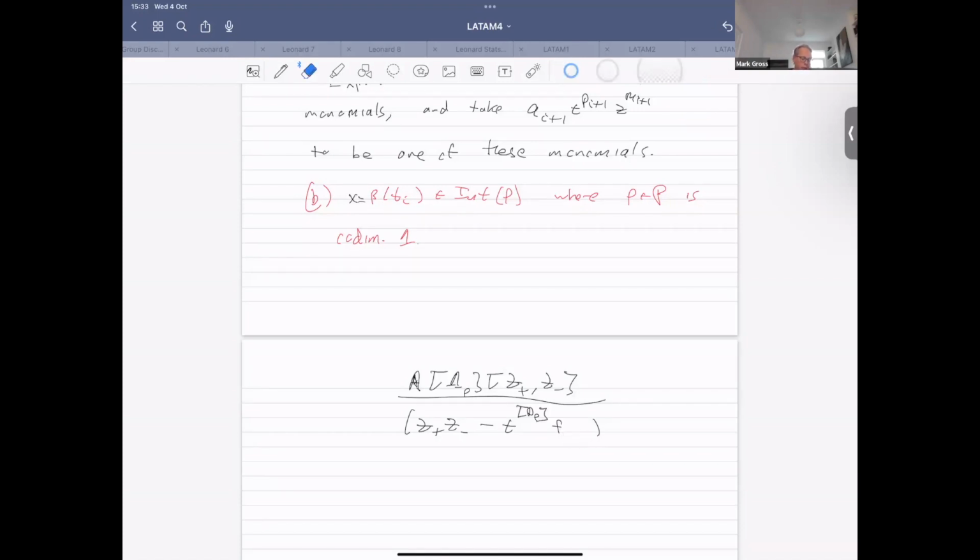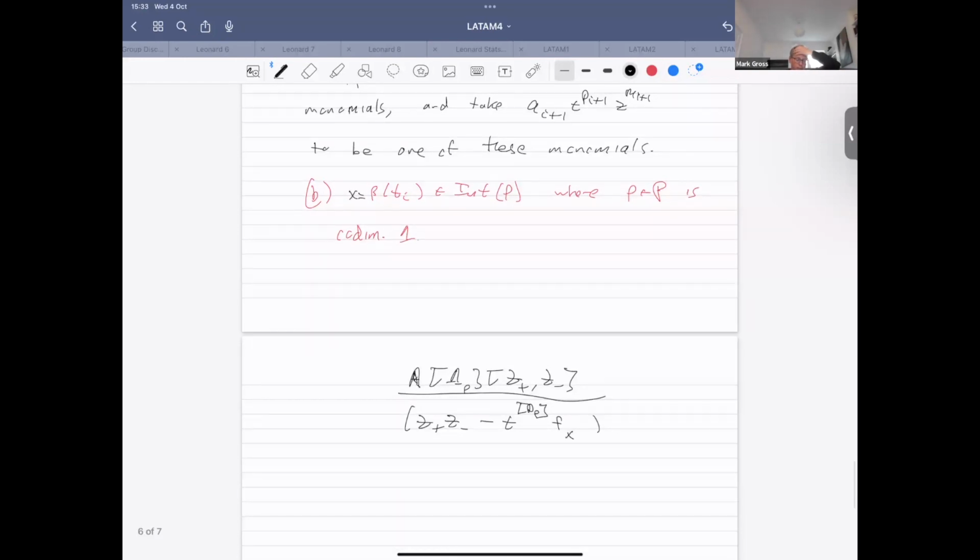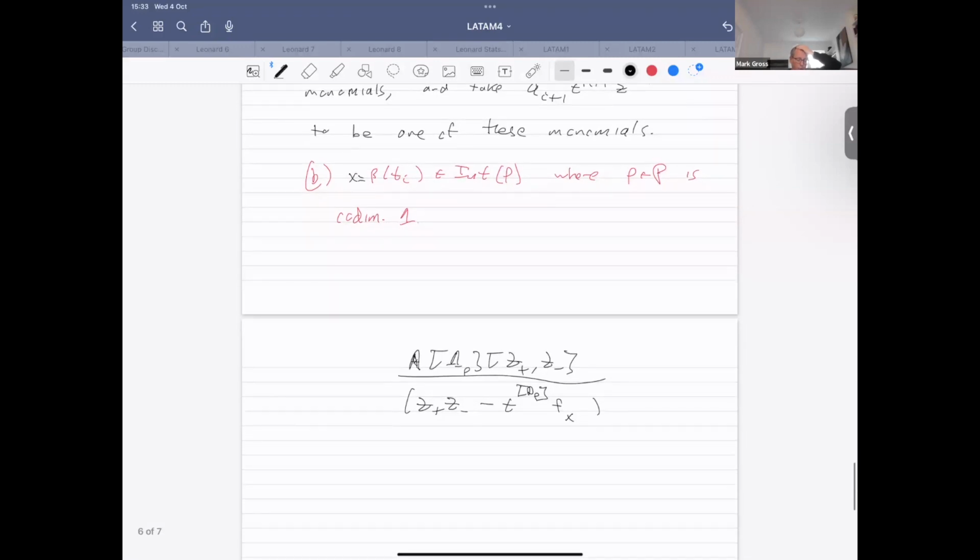So we have this ring. So that was our standard model.